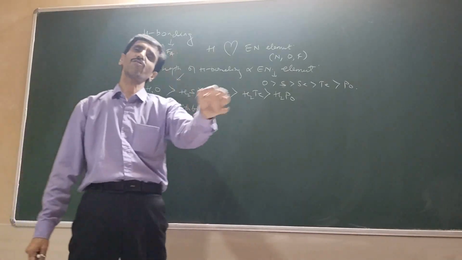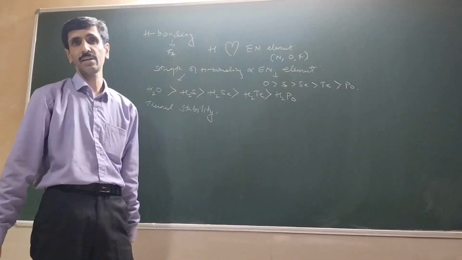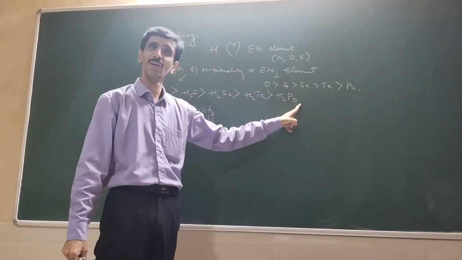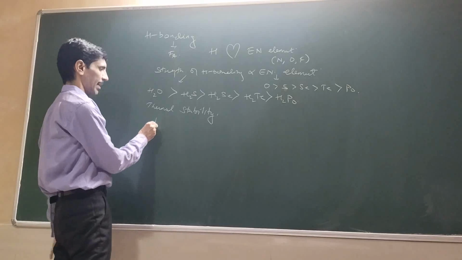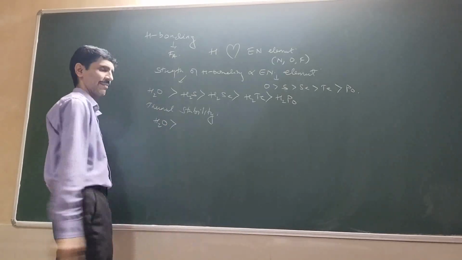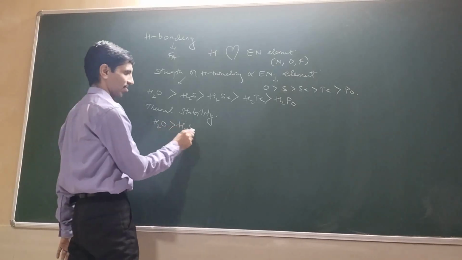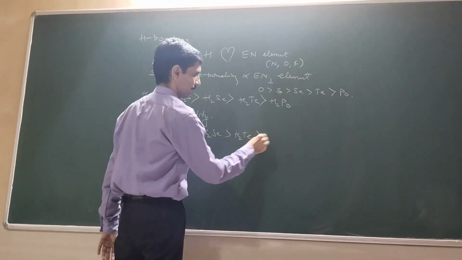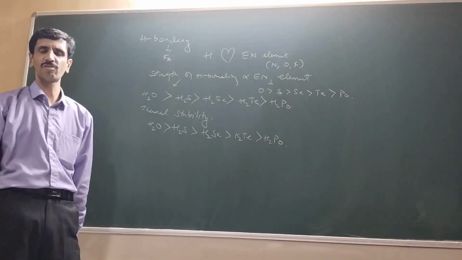So strength of hydrogen bonding is directly proportional to thermal stability. So this is the order, my dear friends, of the strength of the hydrogen bonding. So the same will be the order for thermal stability as well. So H2O will be having the highest thermal stability amongst the hydrides of group 16. Okay, this is about thermal stability.